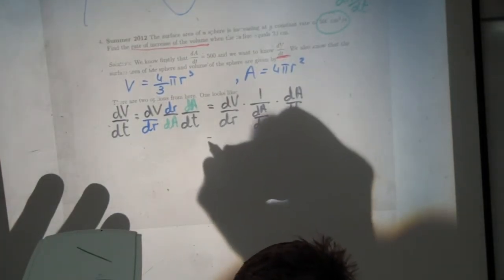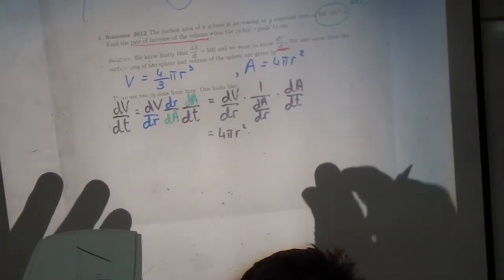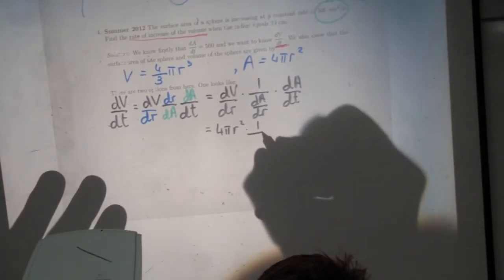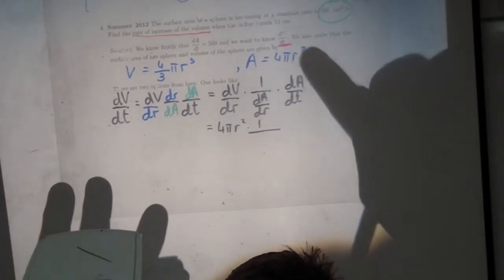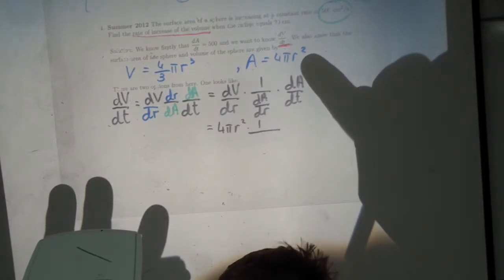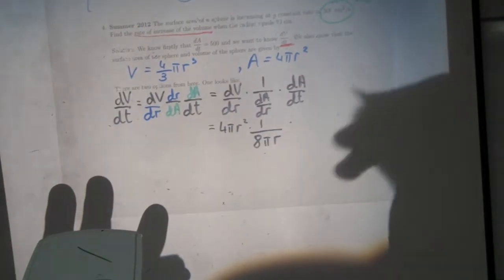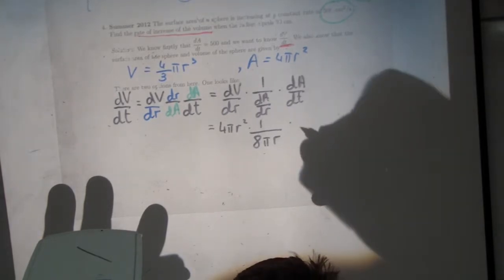You get 4 pi r squared, 1 over dA/dr. What's the derivative of 4 pi r squared with respect to r? 8 pi r. I'd probably say 4 pi multiplied by 2r, 8 pi r. And then dA/dt is 500.